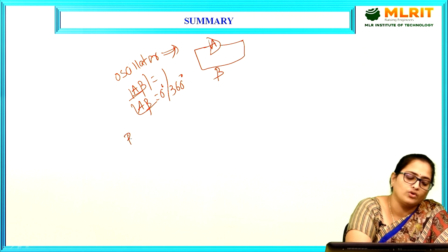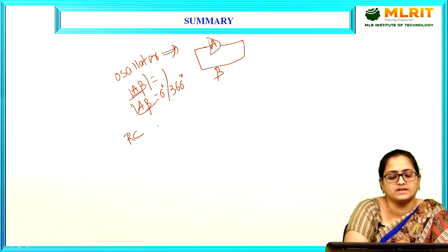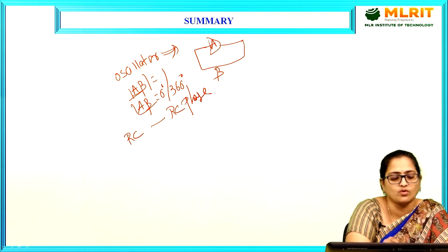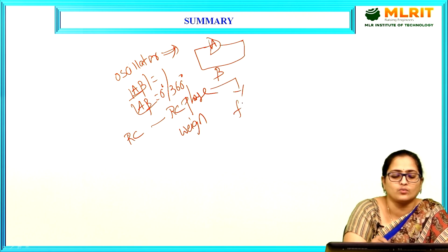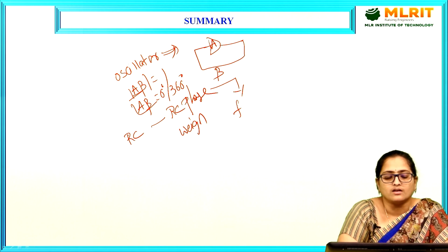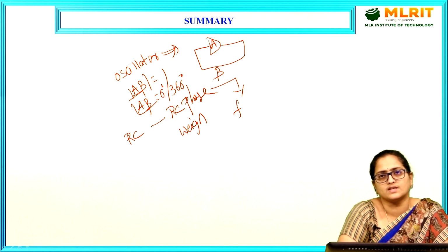And what are the different types of RC oscillators? We have two types: RC phase shift oscillator and Wien bridge oscillator. Here we have discussed the frequency response of the RC phase shift oscillator, or we can say the oscillation frequency.